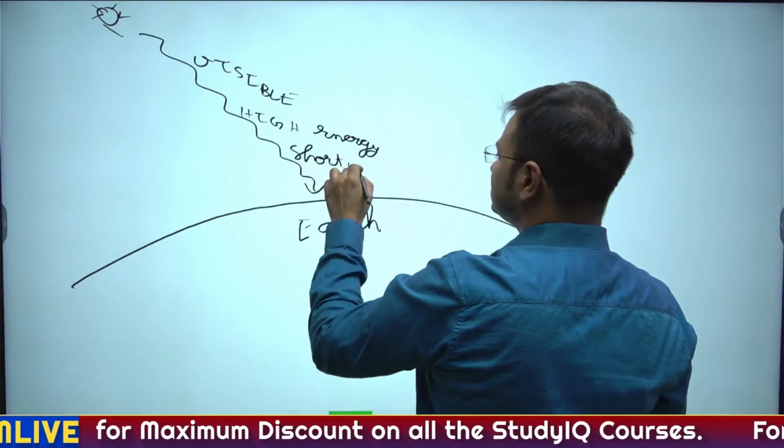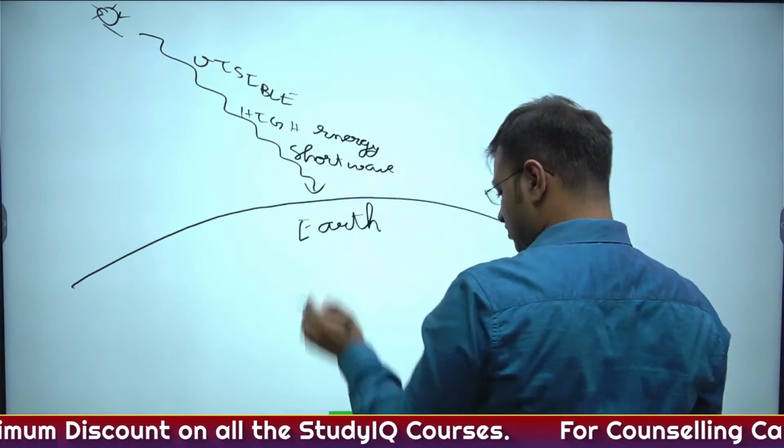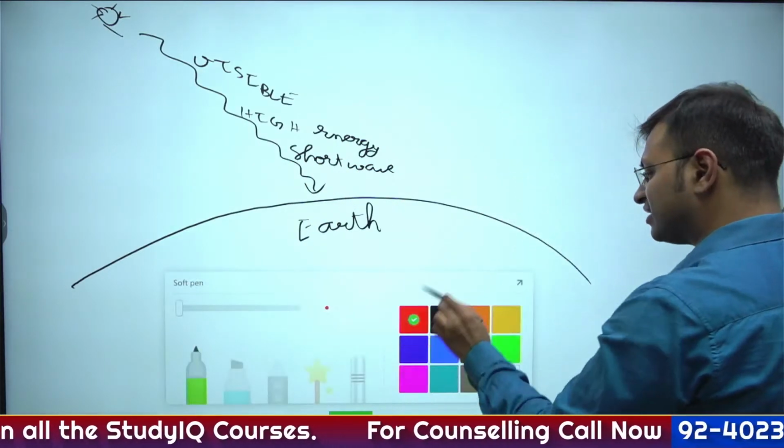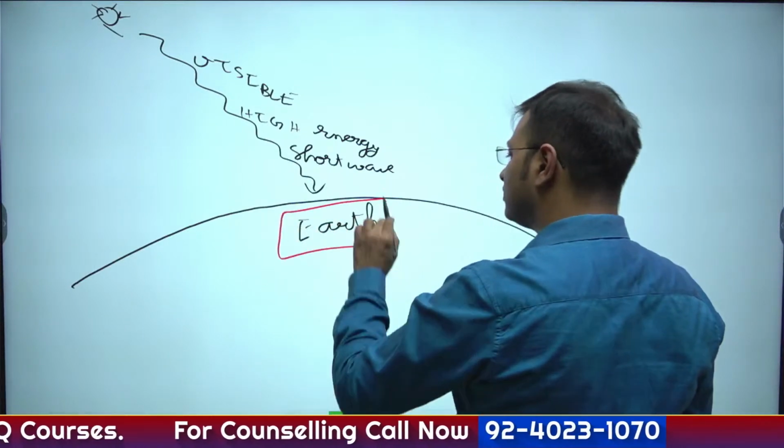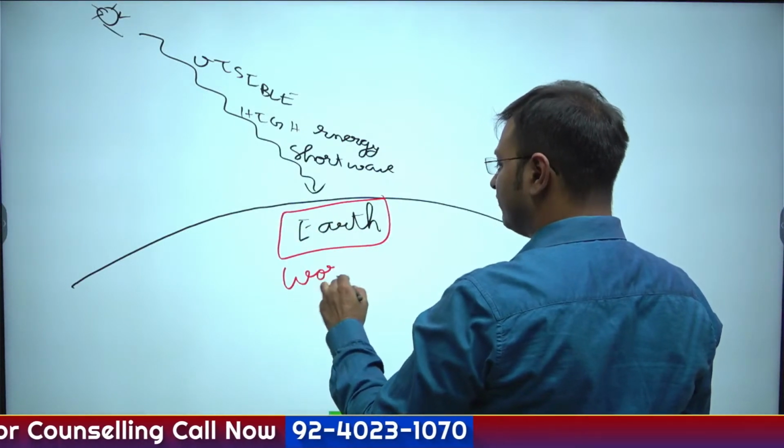Now what happens is that this light reaches the earth. Earth will basically work upon it.